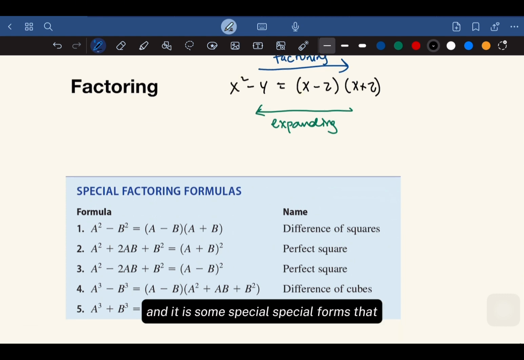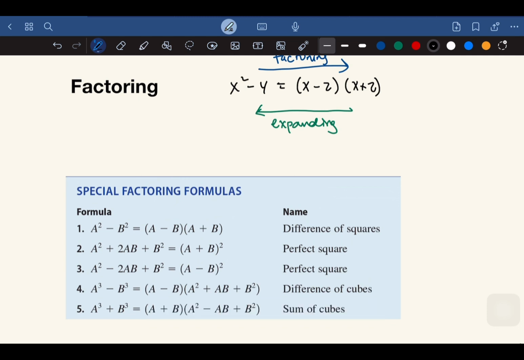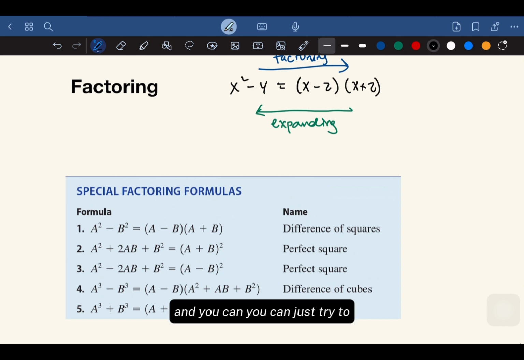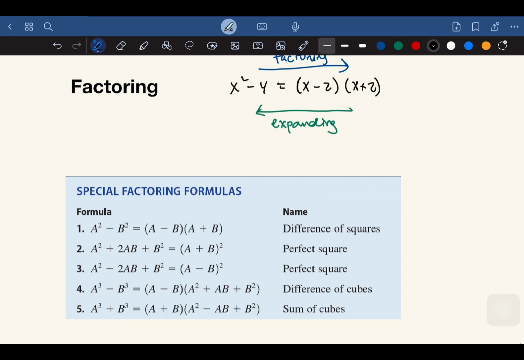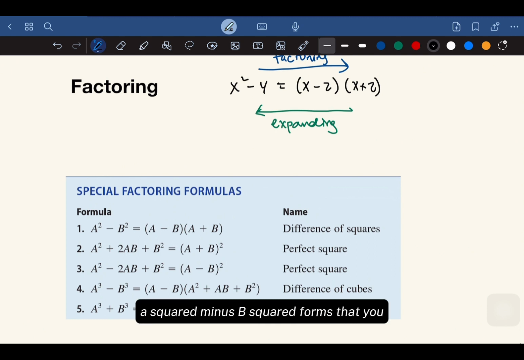Some special forms that we might need in the future. So a squared minus b squared, as I mentioned, you can write as a minus b times a plus b, and you can just try to multiply, and you see that this is going to be a squared minus b squared, right? So whenever you see any a squared minus b squared form, you can factor it into this form, okay? And then if you have a perfect square like this, it means that you can complete the square, right?